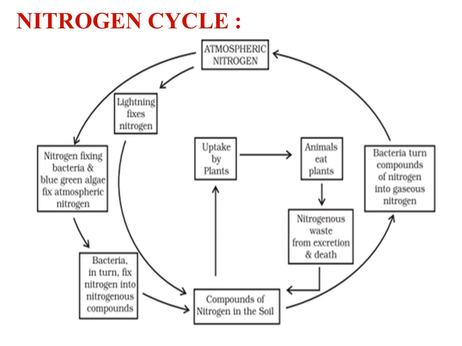Then again this nitrogen comes to the soil, and bacteria turn the compounds of nitrogen into gaseous nitrogen, which is again taken up by the atmosphere. So this is how the nitrogen cycle works, and this is how the amount of nitrogen in the atmosphere is fixed at 78%.